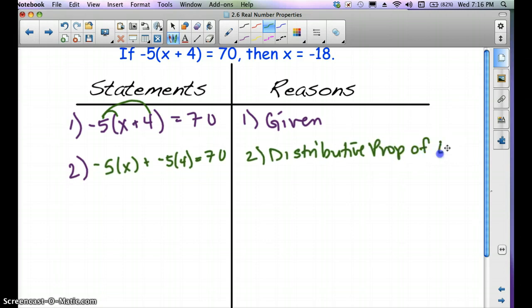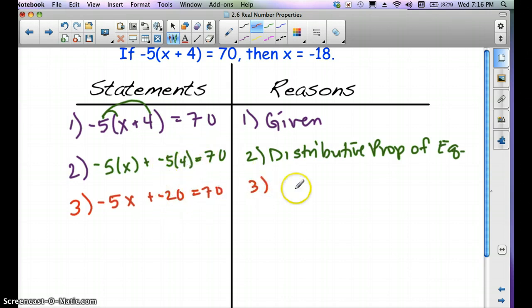I know this gets kind of long, but we'll just write it like that. So then what would you do to solve for x? I would make this a negative 20. So negative 5x plus negative 20 equals 70. And what did we just do there? We substituted negative 20 in for this. So that's the substitution property.